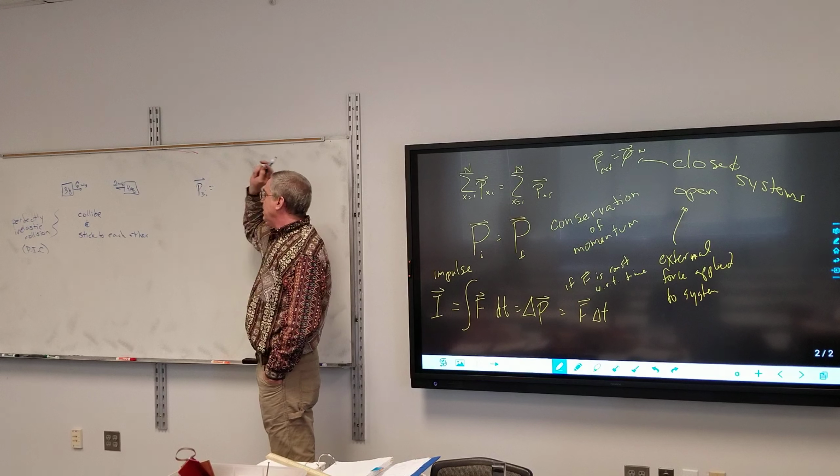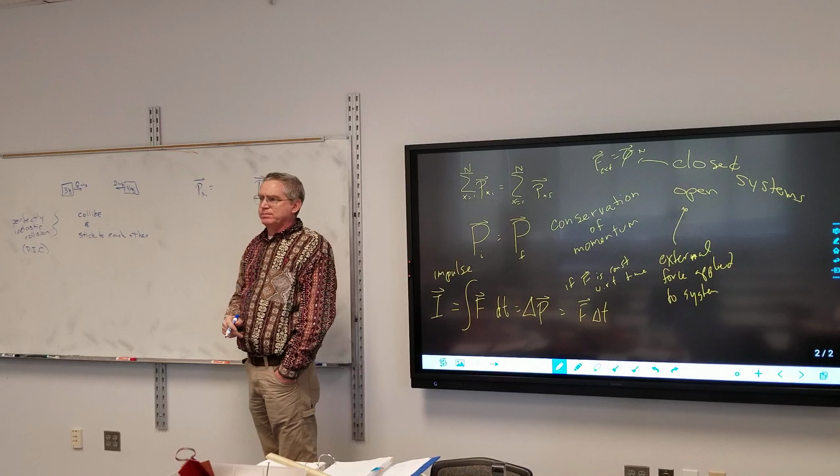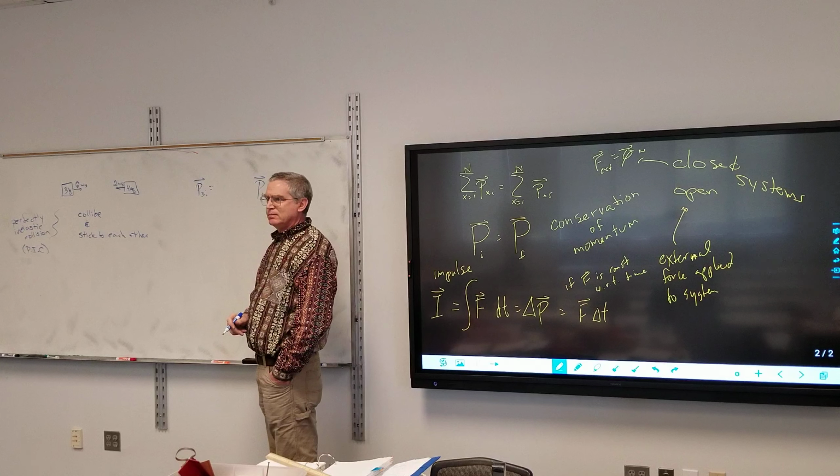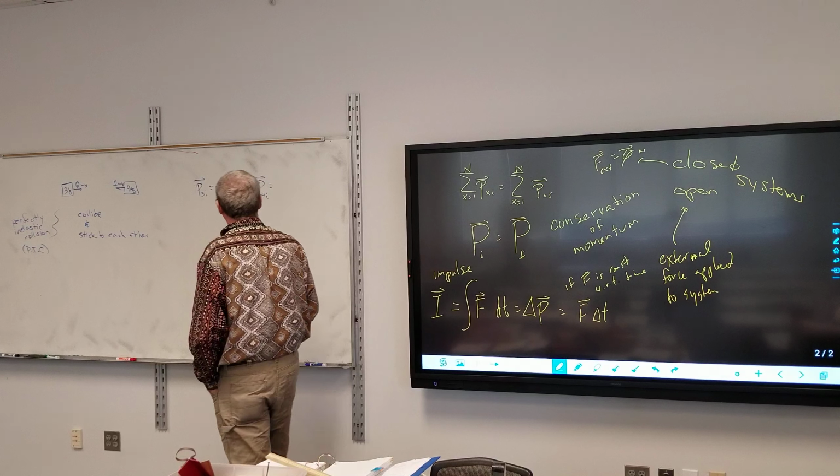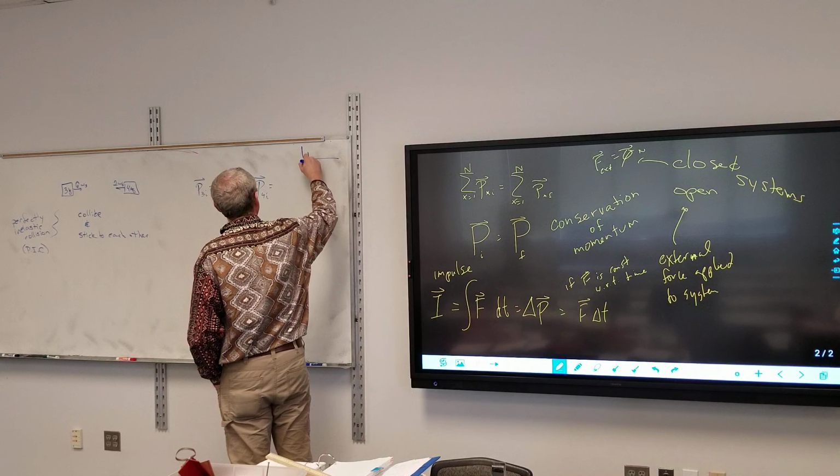What is the initial momentum of the 3 kilogram mass? A little reminder over here.